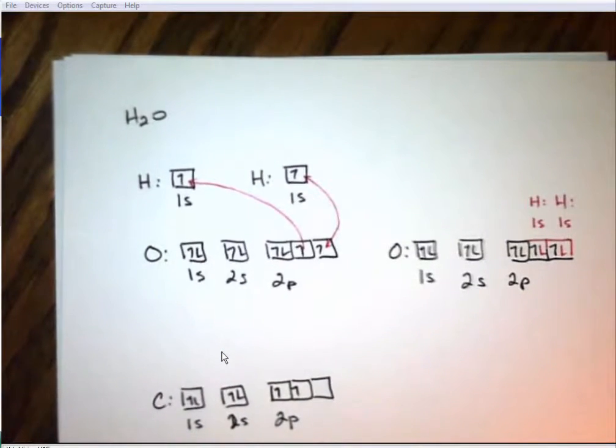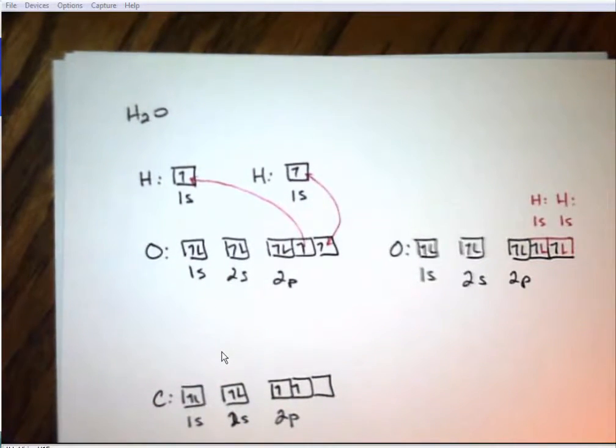Carbon wants to have a full valence level. How many more electrons does carbon need to have a full valence level? Four more electrons. How many electrons can hydrogen share in this arrangement? Only 2.